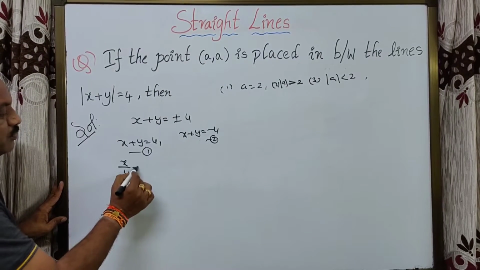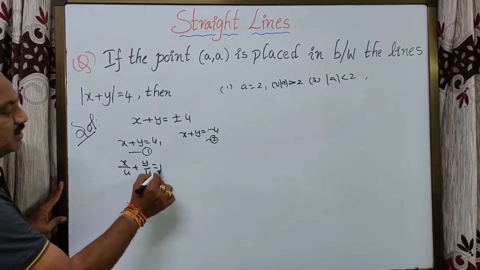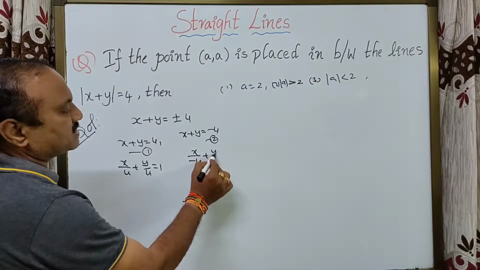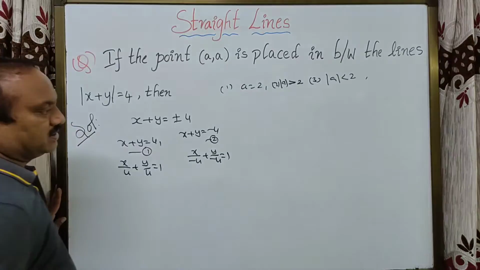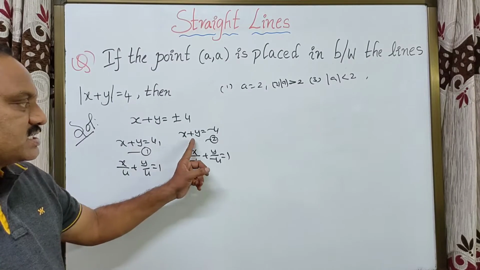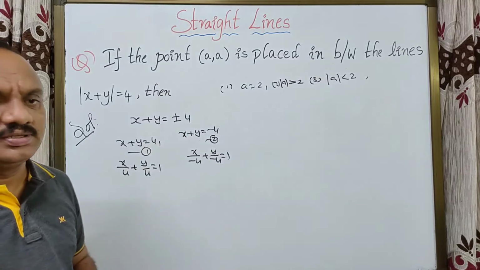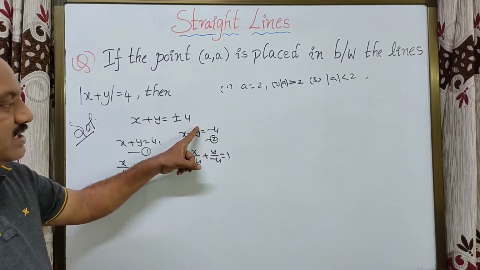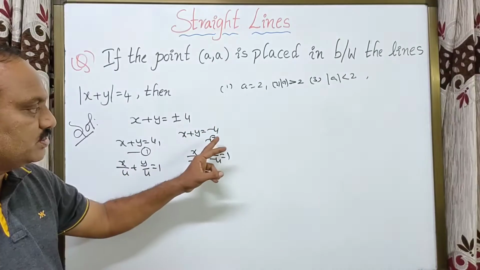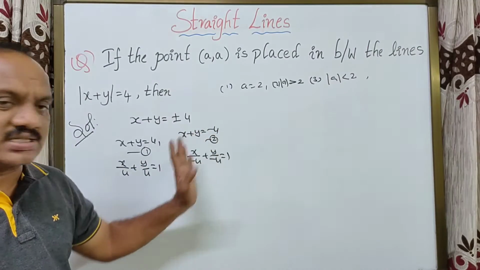Here x/4 + y/4 = 1, the intercept form of the first line. And x/(-4) + y/(-4) = 1. In intercept form, the RHS of the equation must be 1. If any constant is on the LHS, bring that to the RHS and divide the whole equation by the RHS constant.